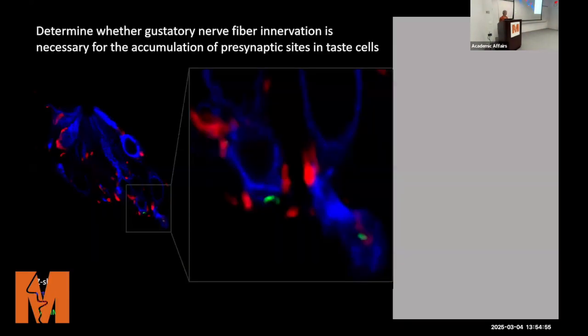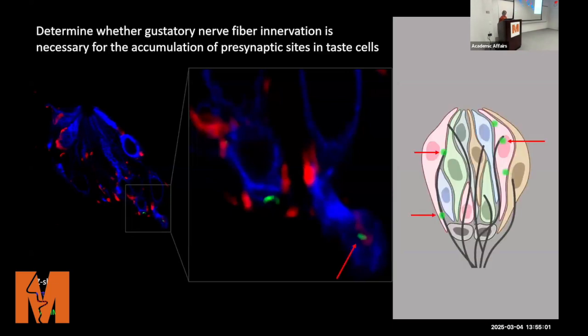This is just an example of immuno looking at CalHM1, and we can look at where these puncta are and how close in proximity they are to gustatory fibers labeled in red. We've gone through lots and lots of images to quantify how many might be just on the surface of the taste receptor cell, but may or may not be contacted by a gustatory neuron.